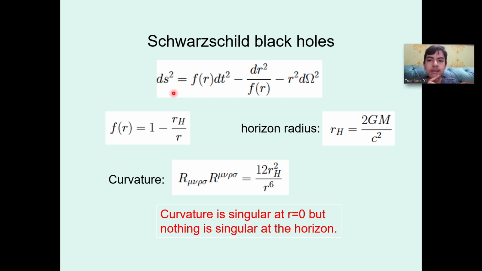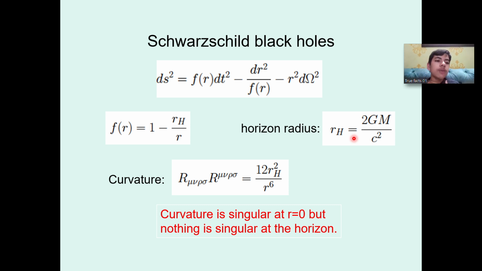ds squared equals f of r dt squared minus dr squared over f of r minus r squared d omega squared. To find out the radius of the event horizon, we use the Schwarzschild radius equation: r_h, the radius of the horizon, equals 2GM over c squared, where c is the speed of light.